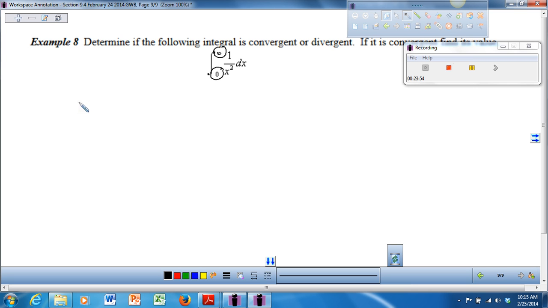So we will have an integral from 0 to, I don't know, 10. You can choose 1, whatever you would like, of 1 over x squared dx, plus an integral from 10 to infinity of 1 over x squared dx. And now we'll bring in our limits.